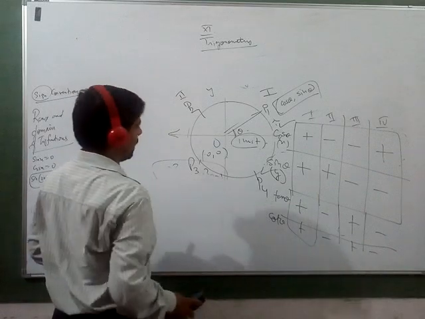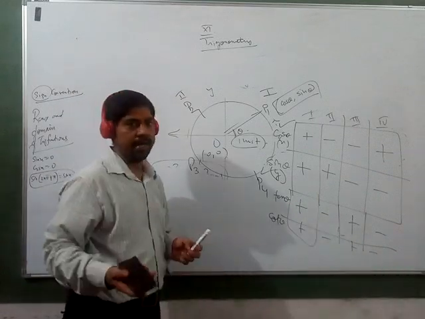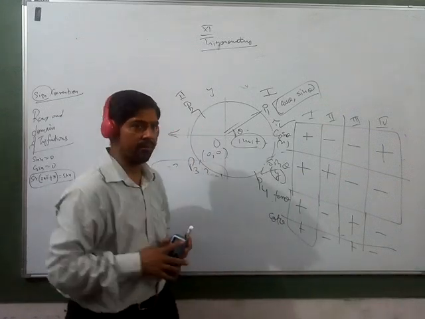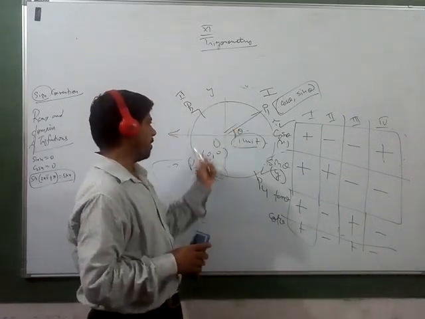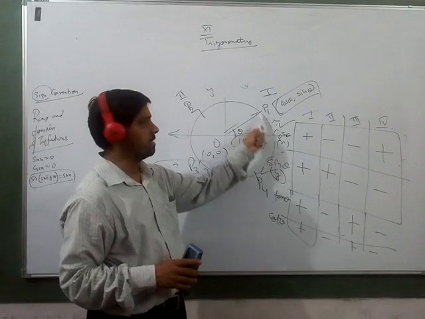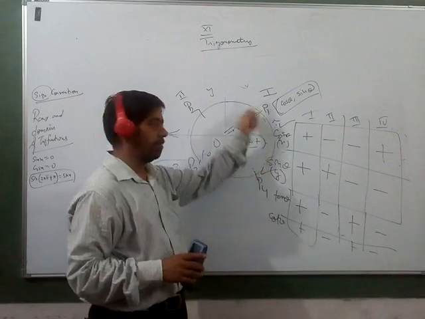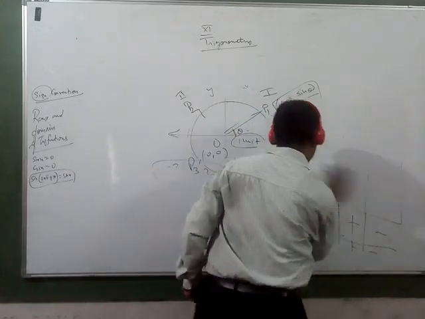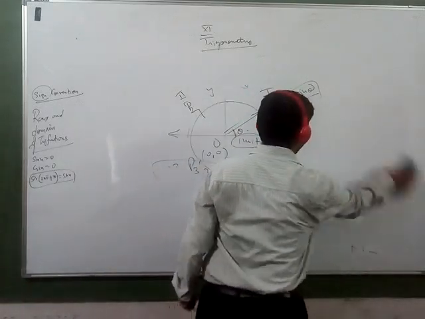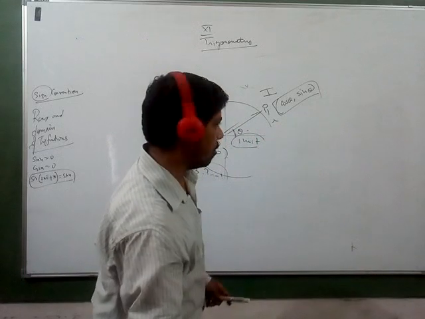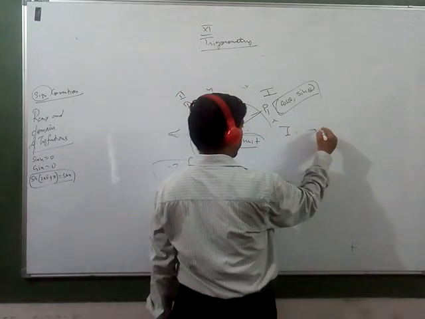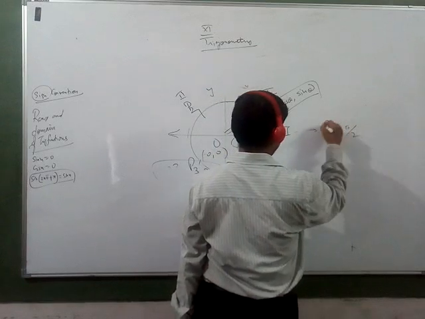Now, once you know the sign convention, there are certain identities. These trigonometric functions are also known as circular functions, because they repeat after 2 pi, that is 360 degrees. Another thing you have to understand is, the first quadrant is in degrees 0 to 90, otherwise it is 0 to pi by 2.